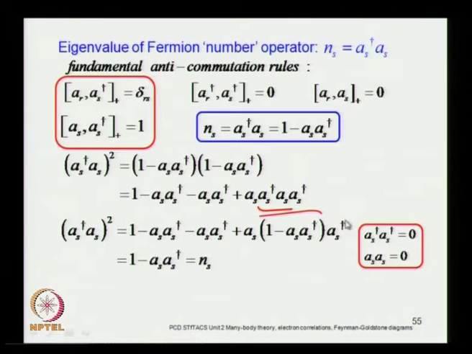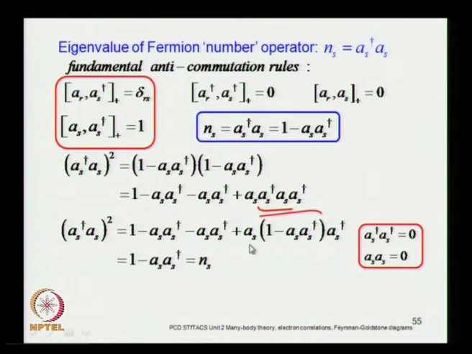Now, out of these 4 terms you can anti-commute these two, because if you want to move a_s behind a_s dagger, you will get 1 minus a_s dagger a_s, right. So, I have exploited the anti-commutation between a_s and a_s dagger, and using that I get these two terms, 1 minus a_s dagger a_s.